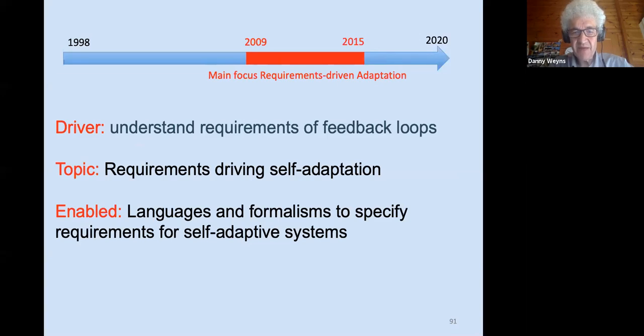So the topic of this wave was requirements-driven adaptation, with requirements at the center of attention. And what came out of this were languages and formalisms to specify requirements and use them to operationalize self-adaptation at runtime.